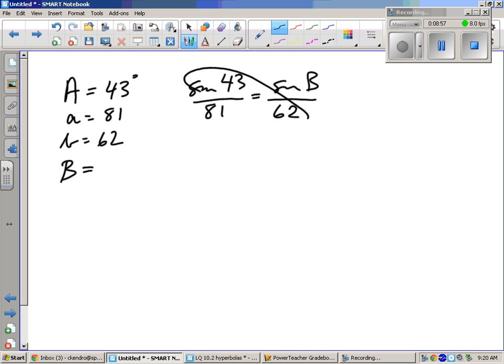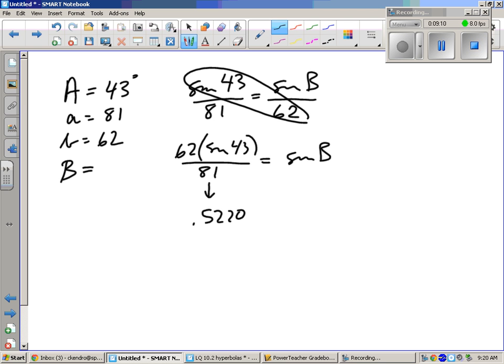So I'm going to cross multiply, so 62 times sine of 43 over 81, and that's going to be equal to the sine of B. If I work all this out, I get 0.5220 equals the sine of B. Well, I don't want the sine of B, I want B. So you have to do the inverse sine of 0.522, and that will get you angle B.